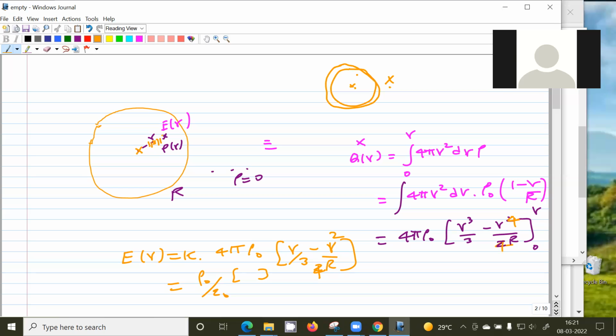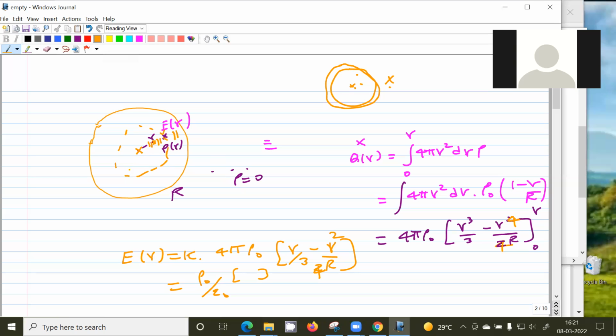All the charges present inside, I can consider at the center point and find the electric field due to that. And for the spherical shells which are outside, the electric field will be 0. The electric field inside is 0, right. Yes, sir. Only the charge present inside radius R will contribute to the electric field at R.